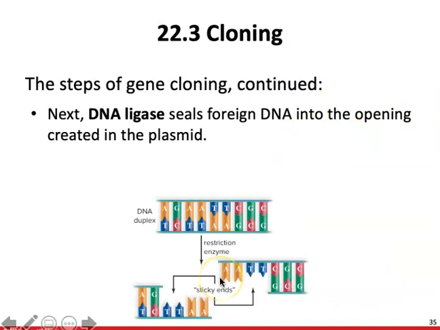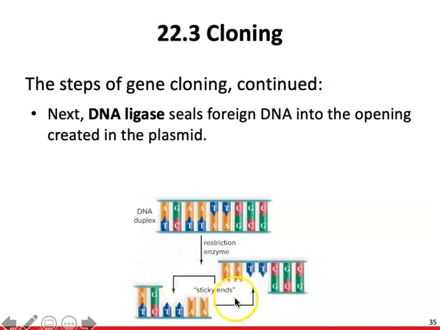The reason why we use one restriction enzyme to cleave both the human cell and the plasmid is because when a restriction enzyme cleaves the DNA, it doesn't make a blunt end. It doesn't cut it right down here. Instead, it creates a jagged cut that's known as a sticky end. These sticky ends are going to be perfectly matching. So it's kind of like cutting a unique puzzle piece.